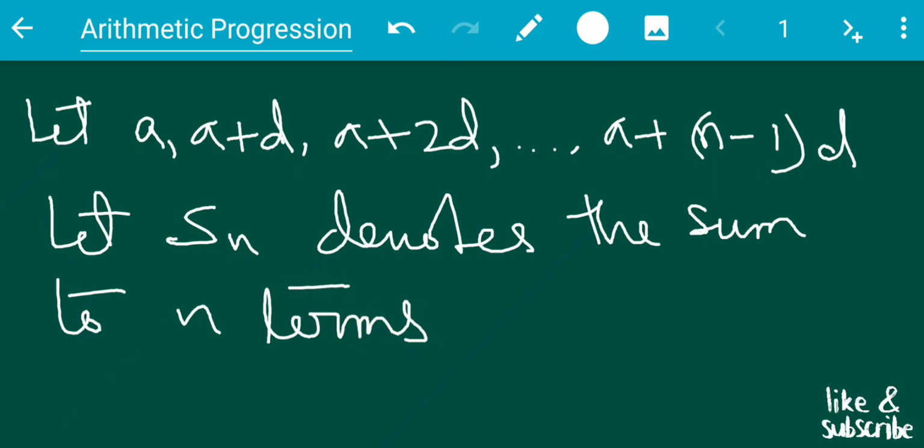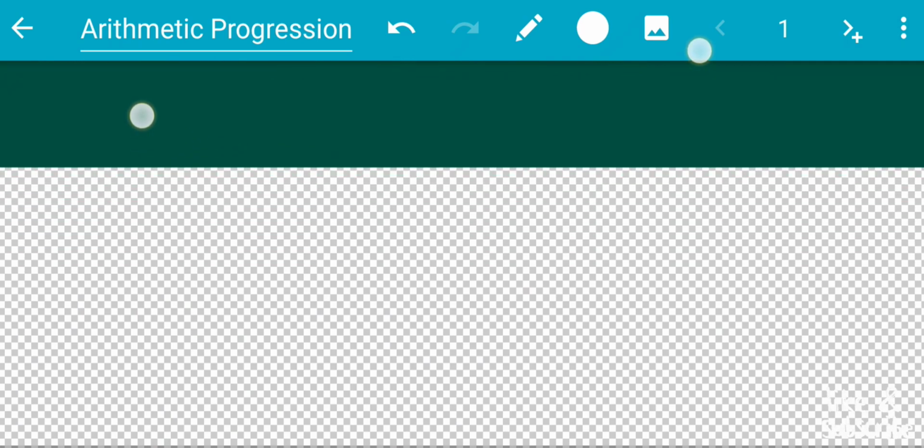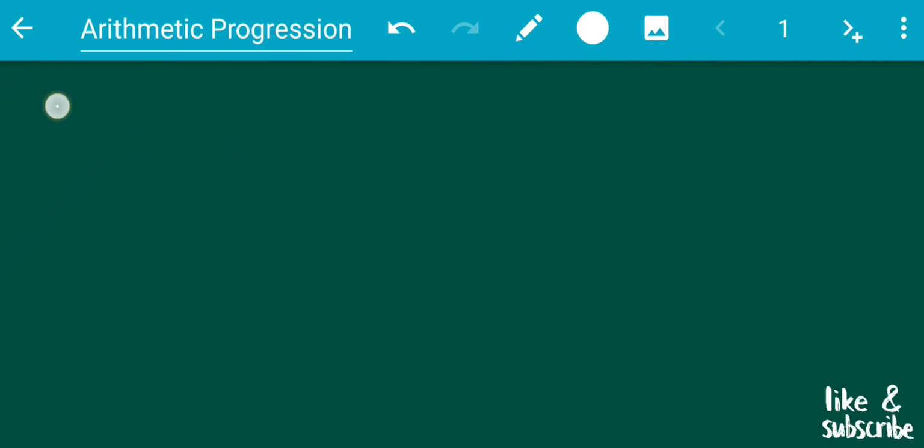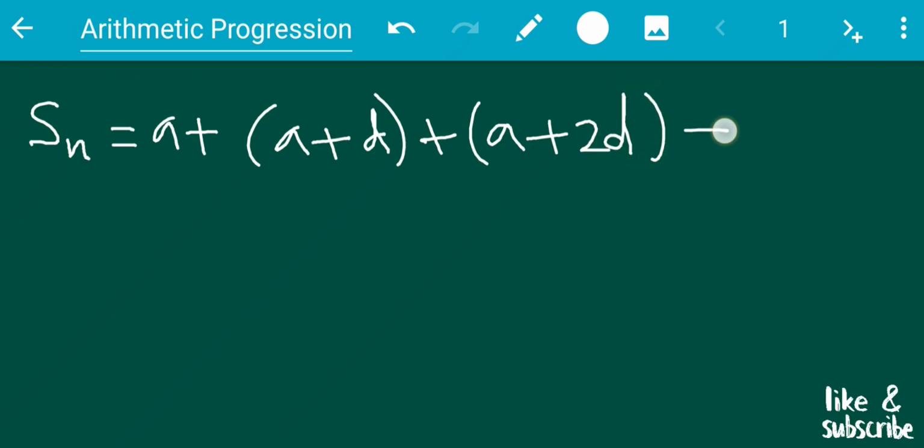So what we can basically write is Sn is equal to a plus d plus a plus 2d plus, and so on, up to a plus n minus 1 d.